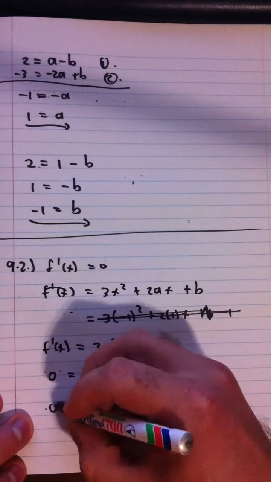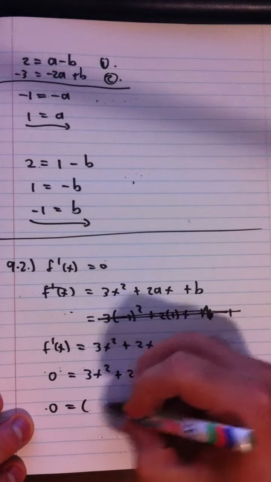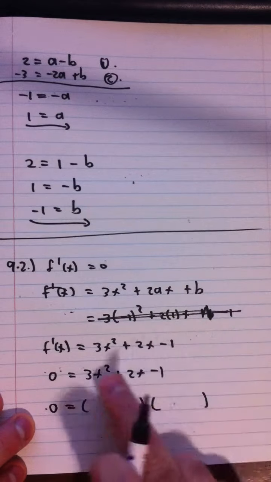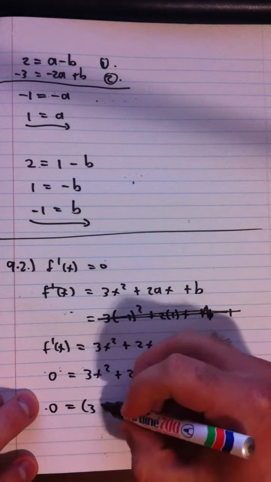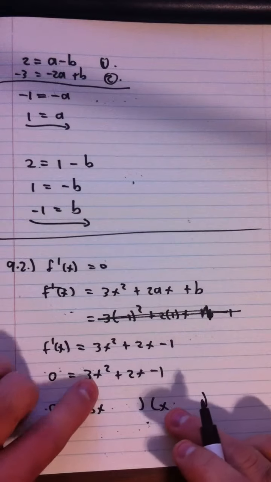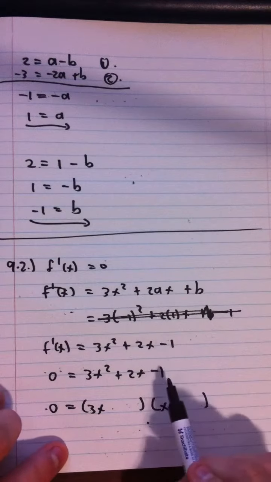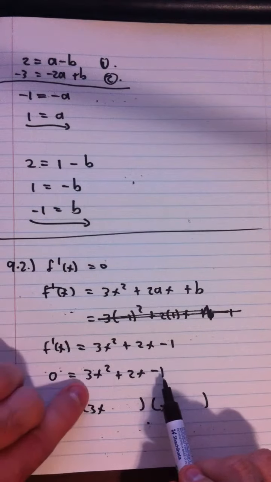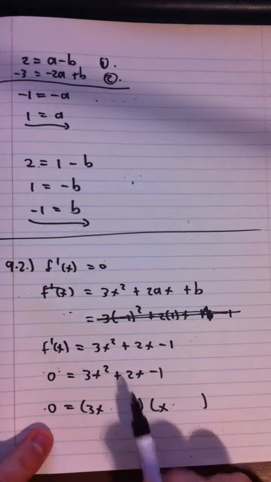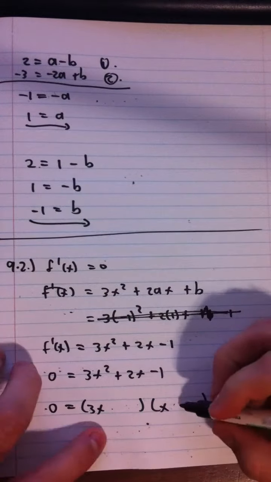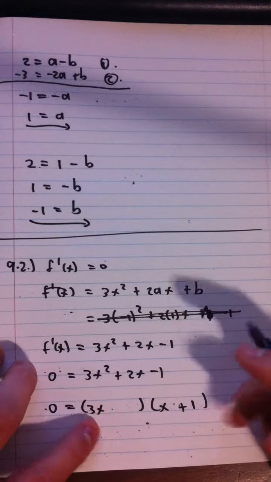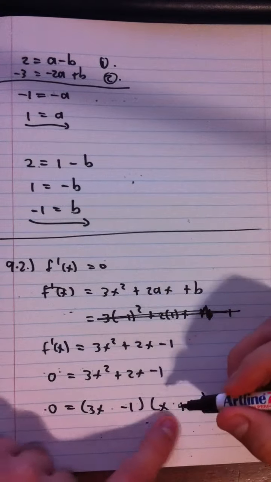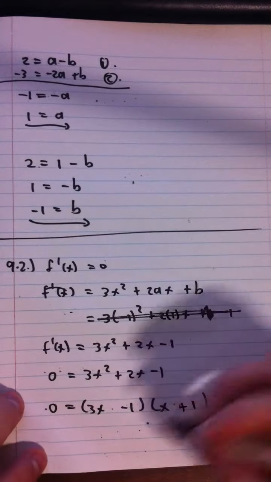And we can factorize that. So 0 equals, as this is a trinomial, it would be 2 brackets in the factorization. 3x times x gives us 3x squared. Now which factors of negative 1 and 3 when added or subtracted will give us a value of positive 2? It will be 3x minus 1 will give us 3x, then plus 1x will give us the plus 2x.